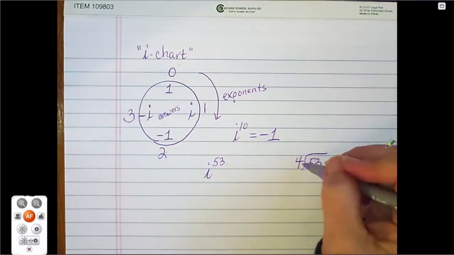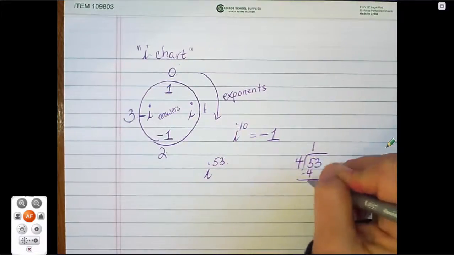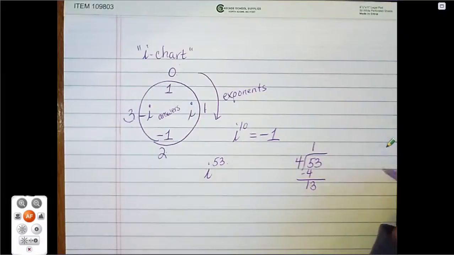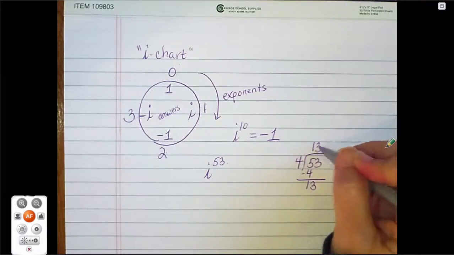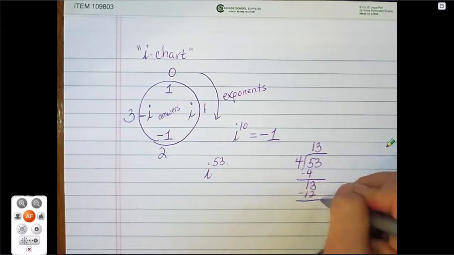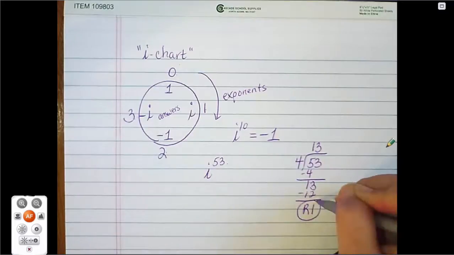So if I divide 4 into 53, 4 goes into 5 once. Good old review of long division. 4 goes into 13 3 times. 3 times 4 is 12. I subtract, and I have a remainder of 1. Before we ever learned about fractions or decimals, we talked about remainders.